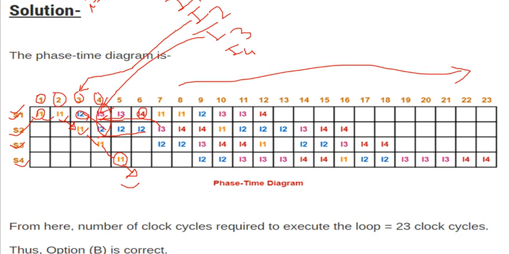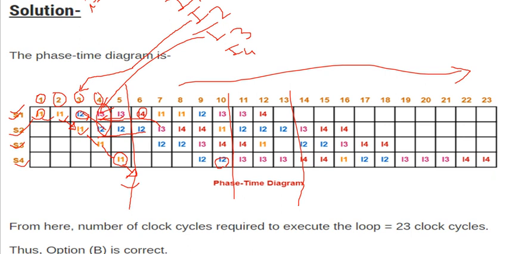As we can see, I1 is completed in the fifth clock. Similarly, I2 is completed in the 10th clock. I3 is completed in the 13th clock.